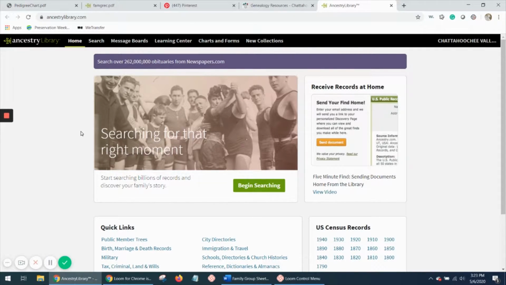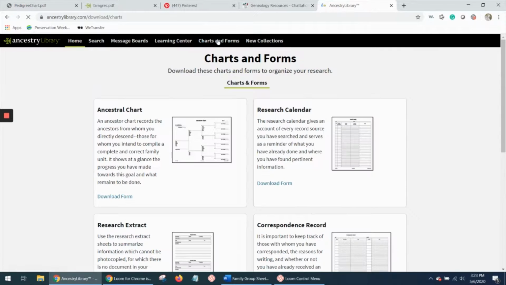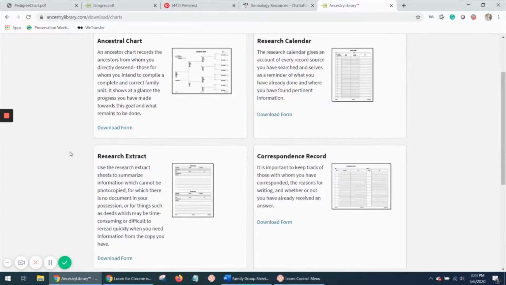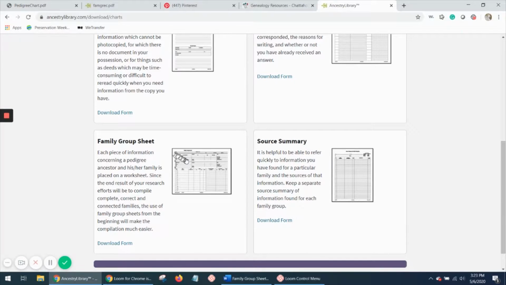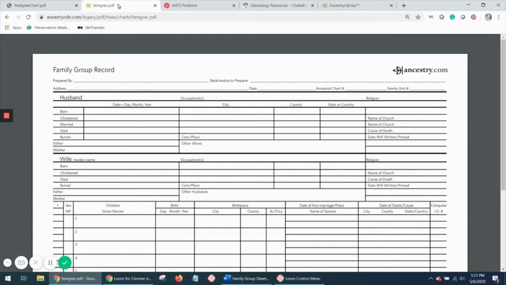When you get to Ancestry's homepage, go over to Charts and Forms, and we will scroll down to a family group sheet. You can find family group sheets, family group records on the internet, and they may have slightly different formats, but they usually cover most of the same items.